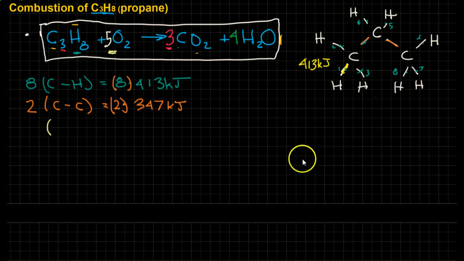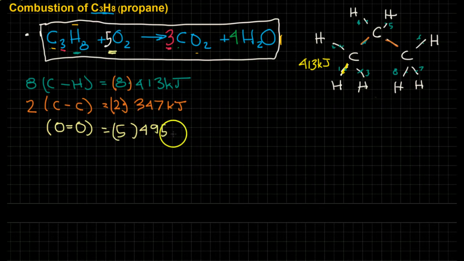So the oxygen to oxygen in the O2 is going to be 5 of those that I'm going to break up. Is that right? Yes, I'm getting a little sluggish. I'm going to break up 5 of those, and they're going to come at 495 apiece. So 5 times 495 kilojoules per mole.